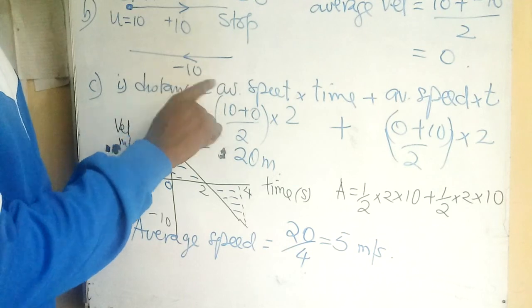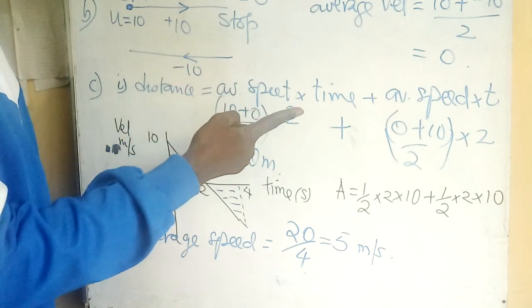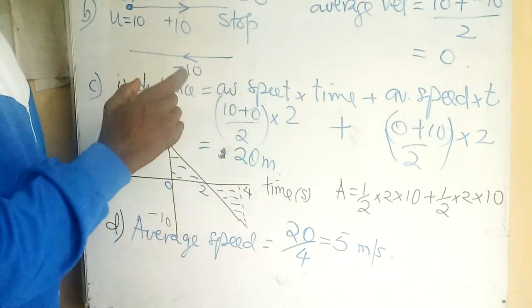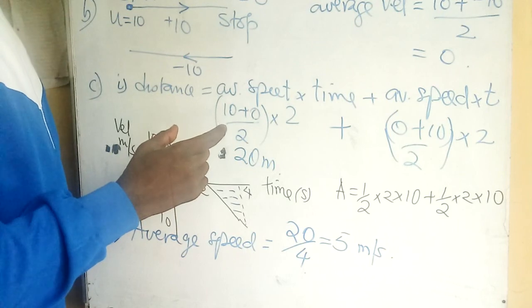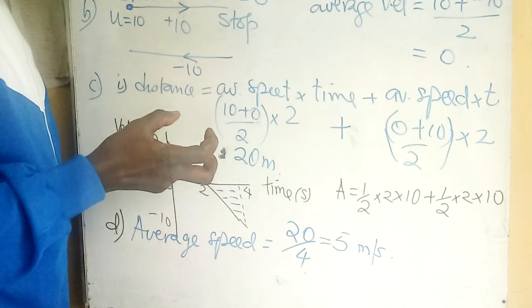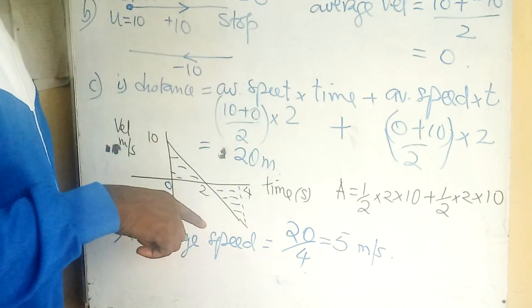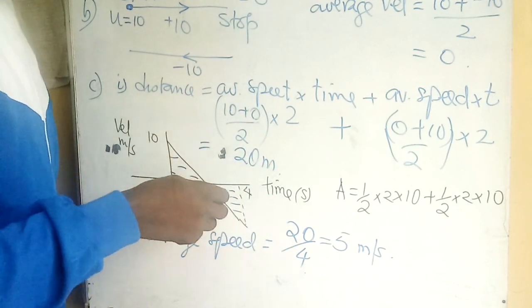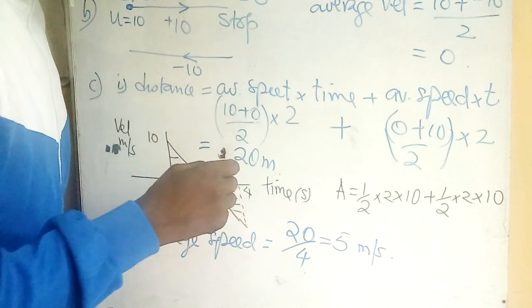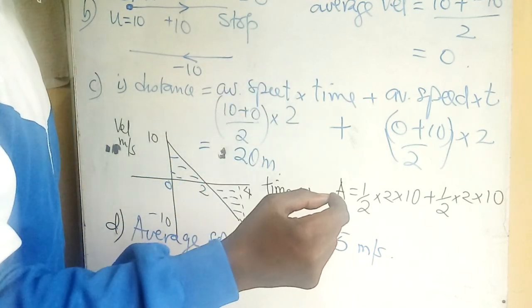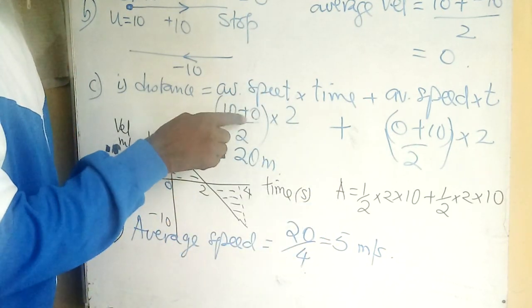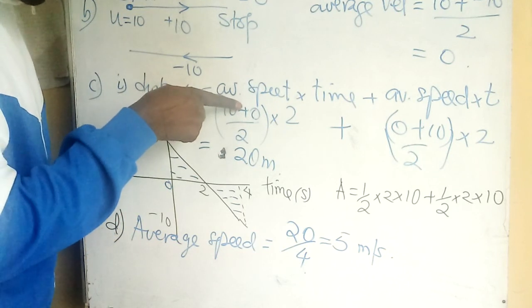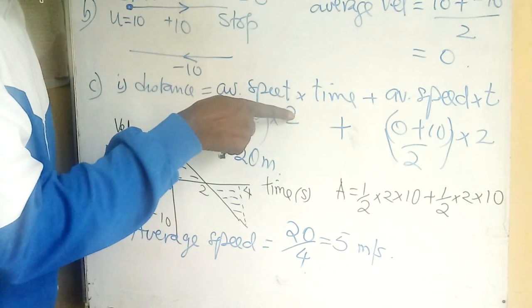If it was moving at a uniform velocity of 10, that figure 10 still stands for speed. But the fact that he mentioned velocity means there was a particular direction. So what would you do here? It would be just 10 times 2 if the time taken was 2.